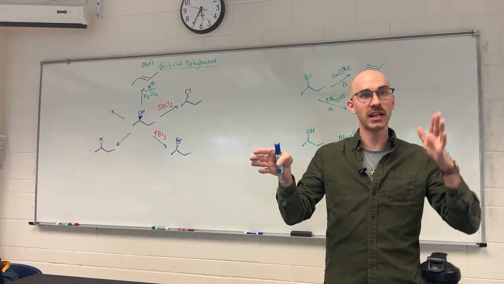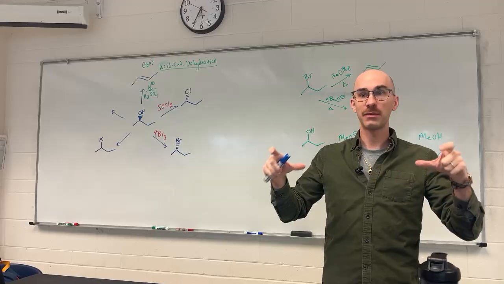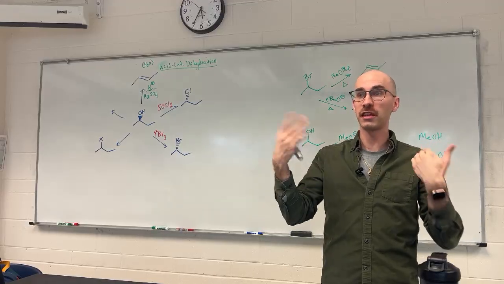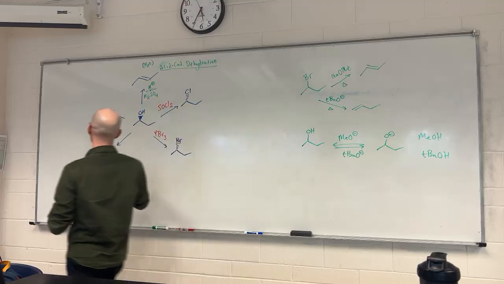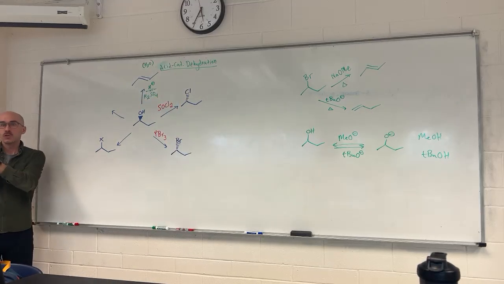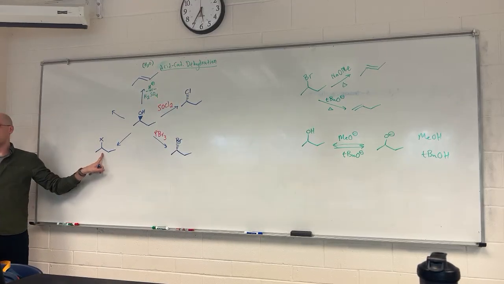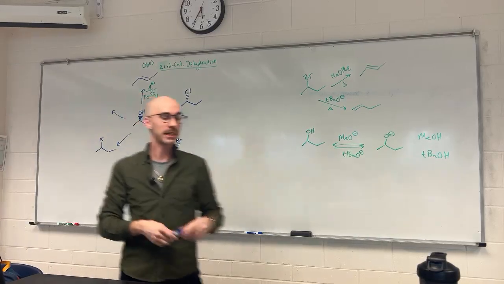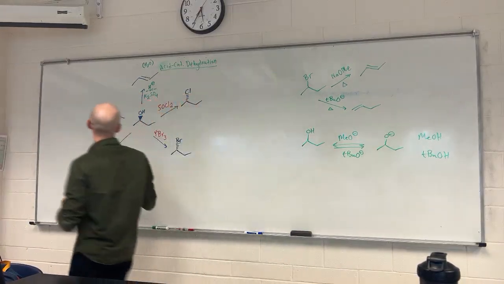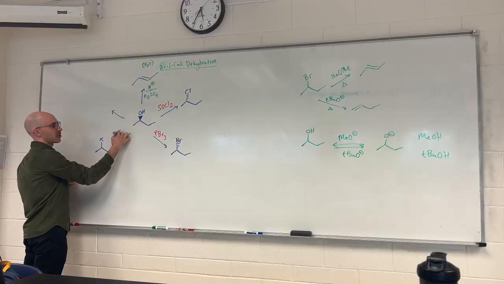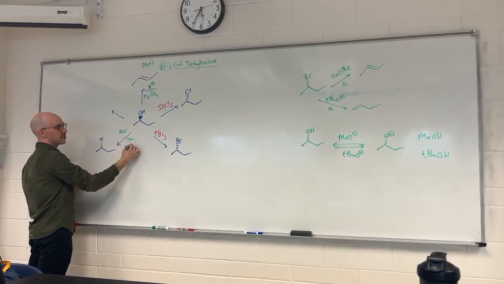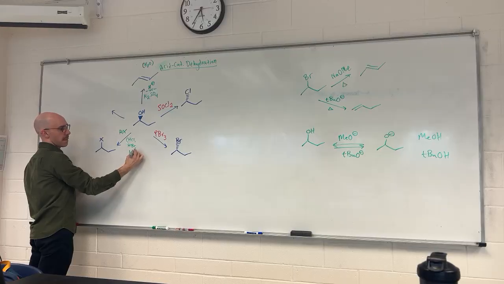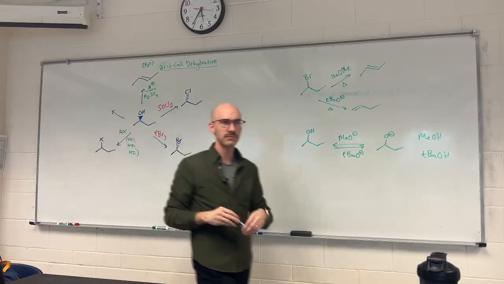It's inversion and retention. I'm getting a mixture of both the R and the S chirality centers, which means that this does not do SN2, this does SN1. And the reagent that we need is HX. That could be HCl, HBr, HI.